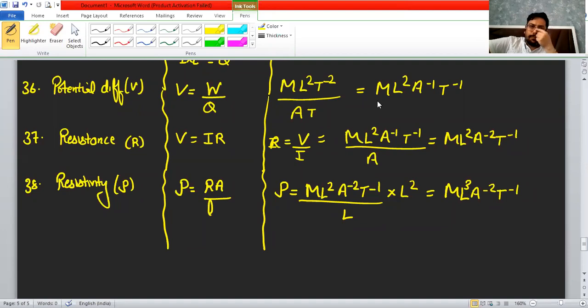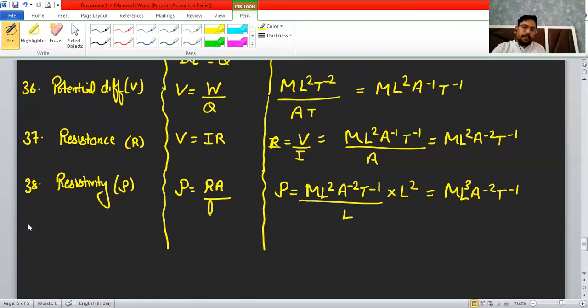But mass number is a different thing. Mass number and atomic number are just numbers, so they do not possess any dimensions.